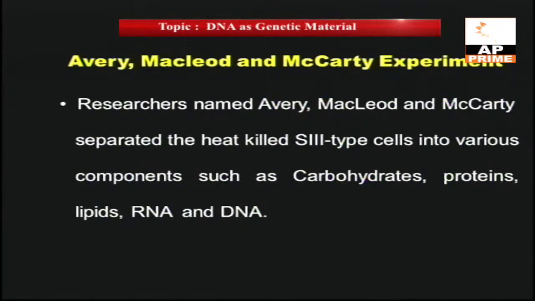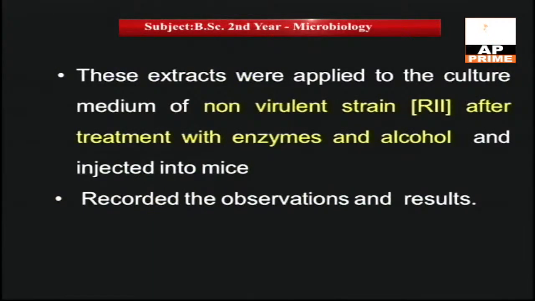For this, they first extracted various biochemicals like carbohydrates, proteins, lipids, RNA and DNA from heat-killed S3 strain. Then these extracts were subjected to treatment with different enzymes and alcohol before they were mixed with live R2 cells and injected into mice. The observations and results were recorded like this.